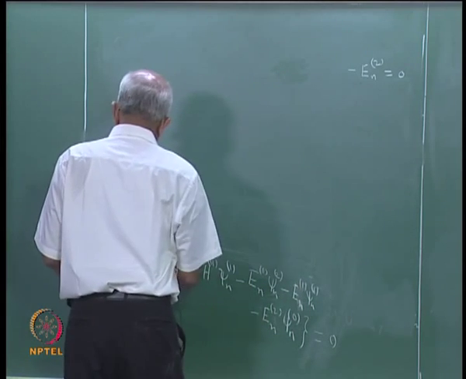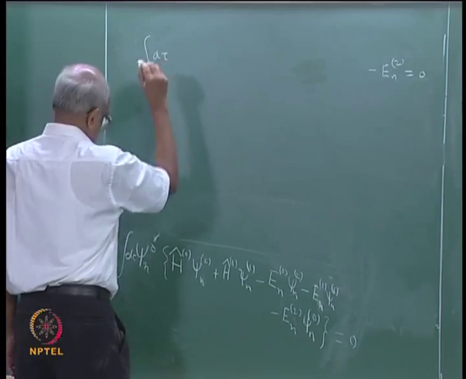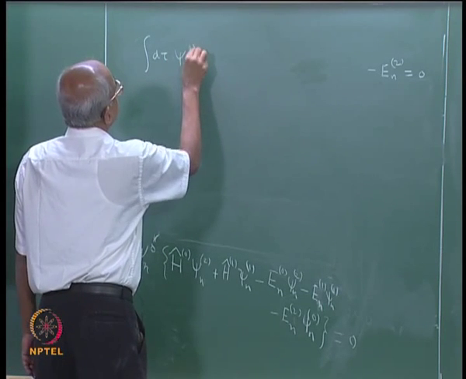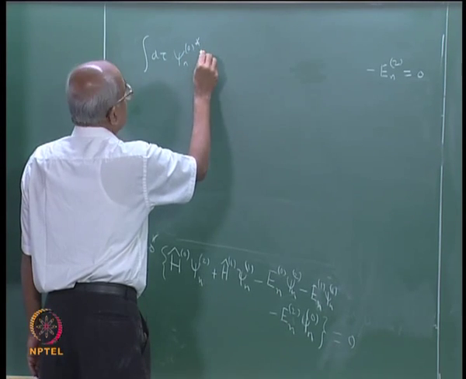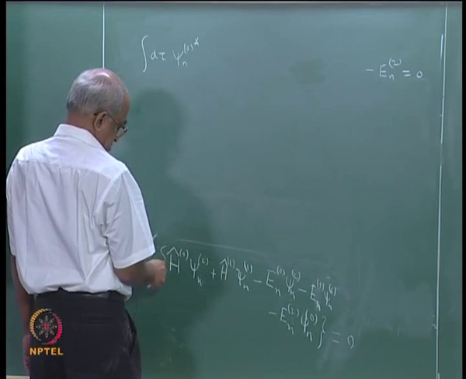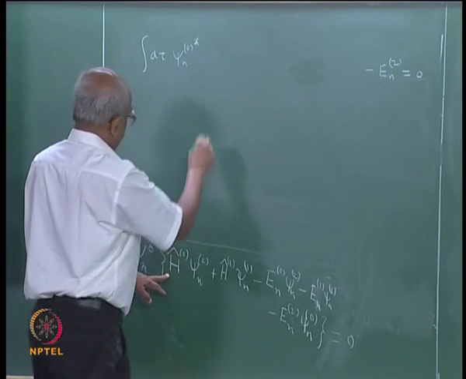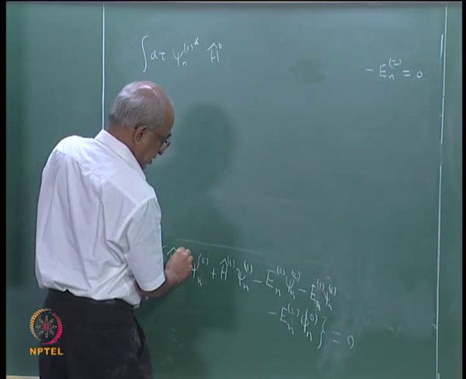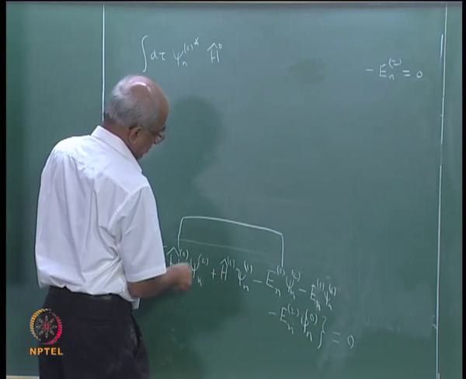And I am going to write down the remaining terms: integral of d tau psi n0 star times H0. This term I will combine with that term, because you can see psi n2 is common.